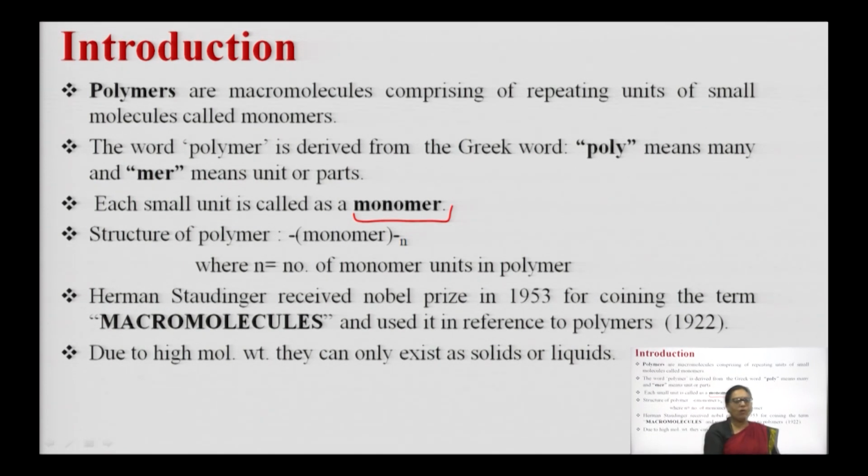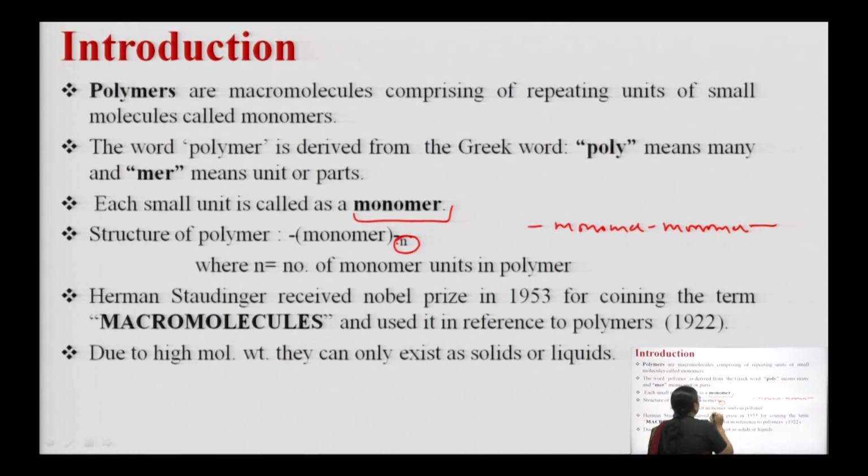The formula of the polymer can be written as monomer with a subscript n, such that several monomer units link up to form a polymer, like this. So n here tells the number of monomer units that are joining to form a polymer chain.